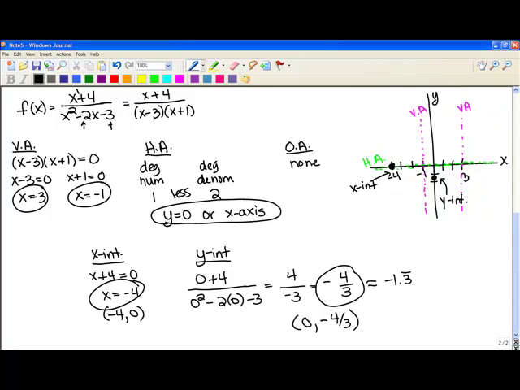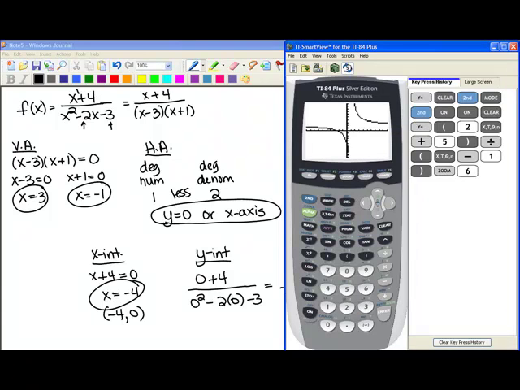Now we'll use a calculator to fill in the gaps and see how the function works. Hit the y equals key. Remember to put parentheses around the numerator and denominator.